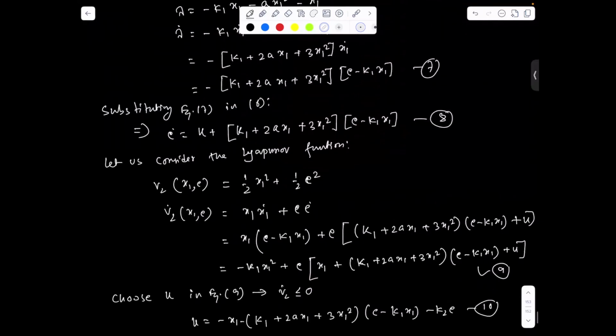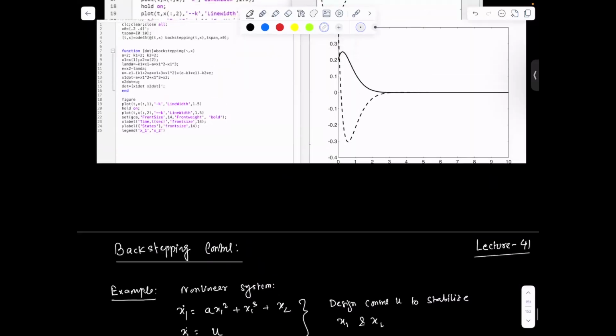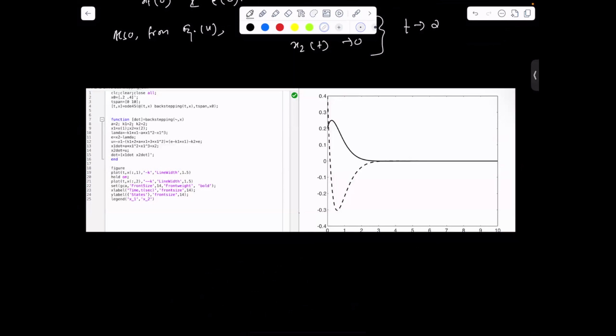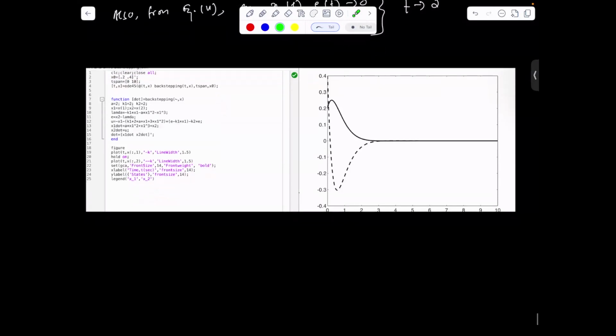Now we'll go to the MATLAB code. This is the MATLAB code. Whatever function we have considered in this example is here. This is the initial condition, and this is the initial values. This is the time period for simulation, 10 seconds, with ODE45 to solve the ODE.